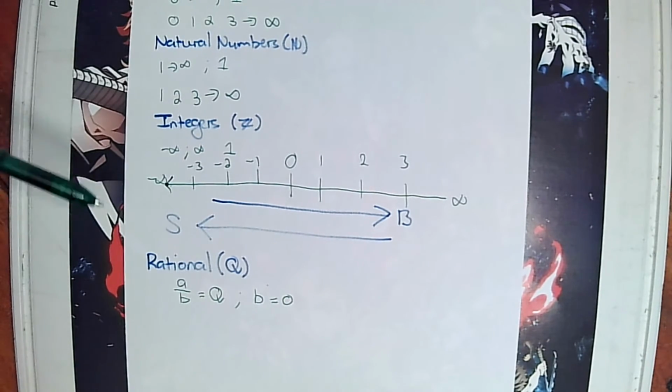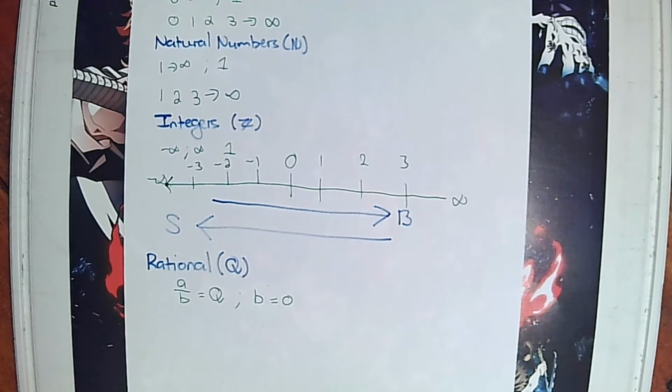Now this is something you don't particularly have to worry about now with sets; we'll cover that in a later topic. But that is it that you have to know for rational values. So it is basically any value that can be written as a whole number, a decimal, a fraction, etc.